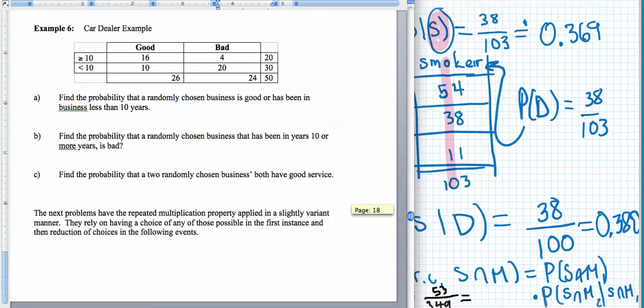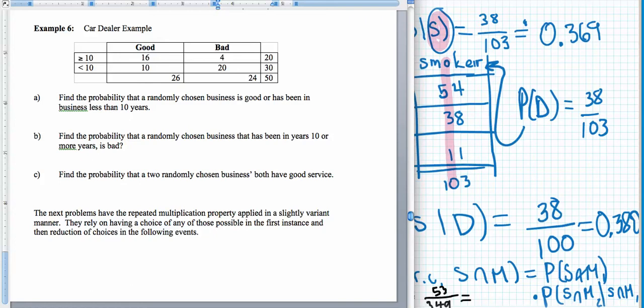Now, I'm out of paper, and I'm going to stop my video after this and then come back and let you do these problems on your own, and then you'll be able to check and see how you did. So you're going to take the car dealership example that we had before, and I want you to answer these three questions. You're going to find the probability that a randomly chosen business is good or has been in service less than 10 years, so you're going to practice your compound events again.